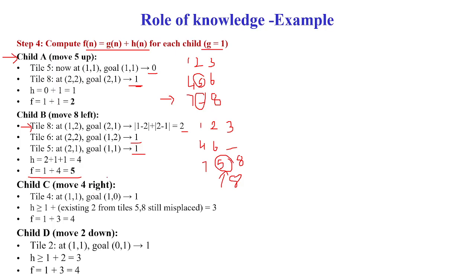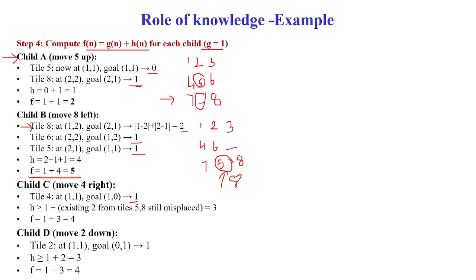If tile 4 has moved from row 1, column 0 to row 1, column 1, here, then you try and calculate the misplaced tiles. So the difference is 1 between the state and the goal.